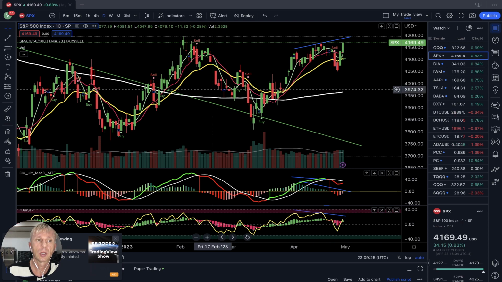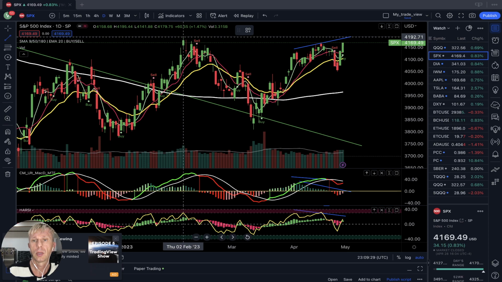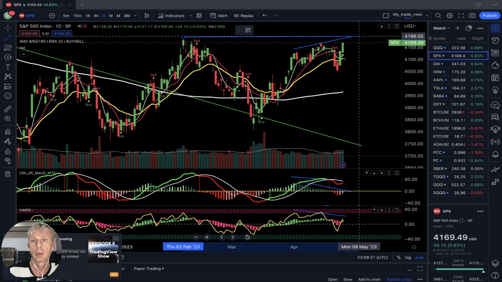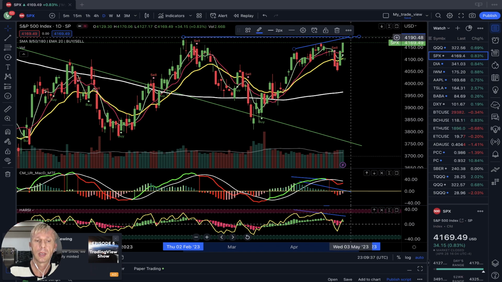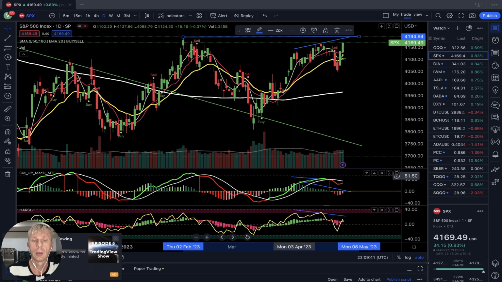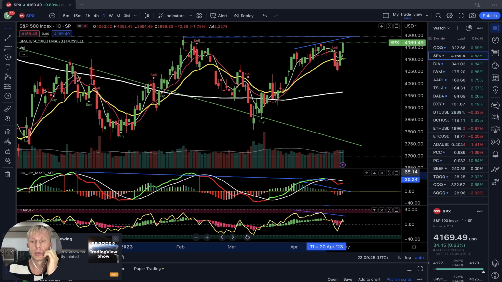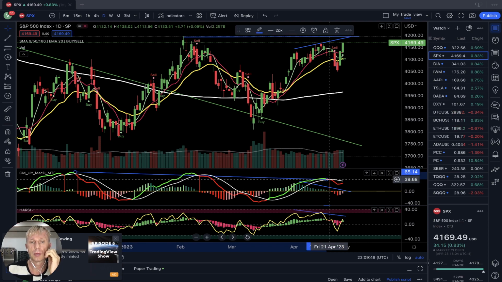Let me show you how it can work. It can work like this one. Can be this. It can touch this one, and it will continue to build. It will build these bearish divergences from the top.